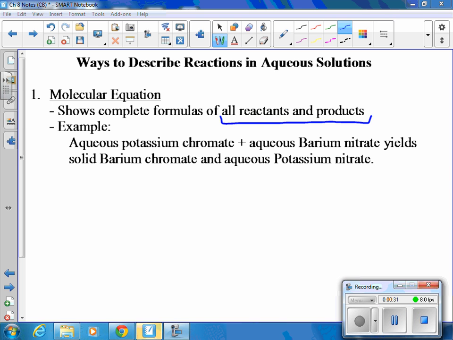We have aqueous potassium chromate, so this is +1, -2. This is +2, -2. Yields barium, which is +2 and -2 for chromate. Potassium is +1, nitrate is -1. So if I go ahead and write this, I will have K2CrO4.